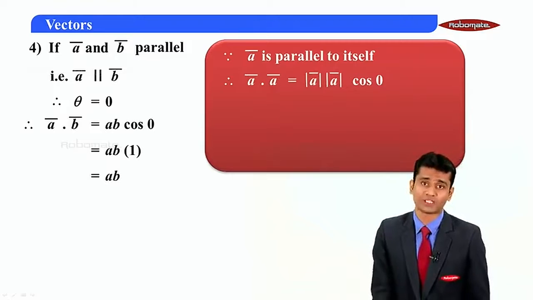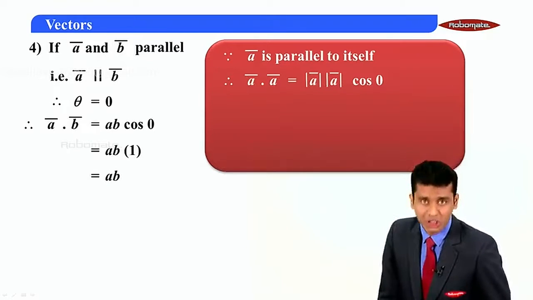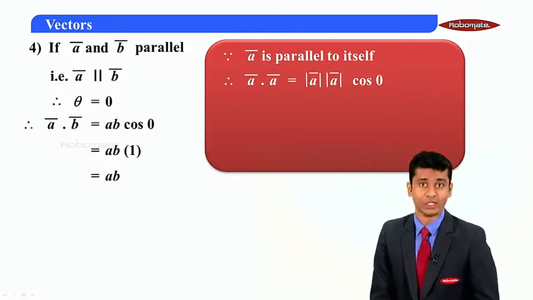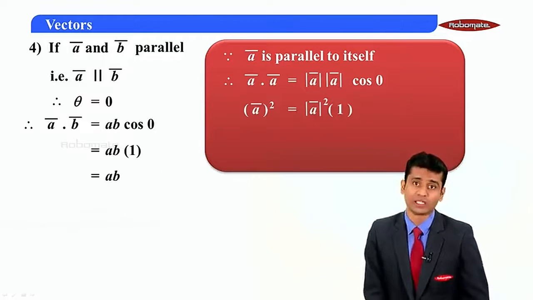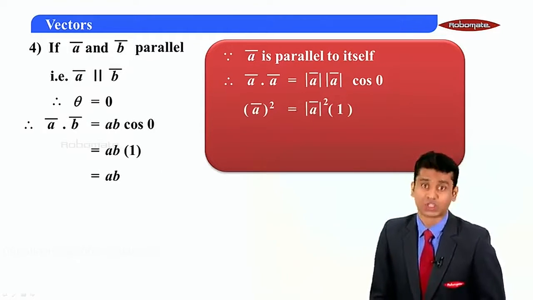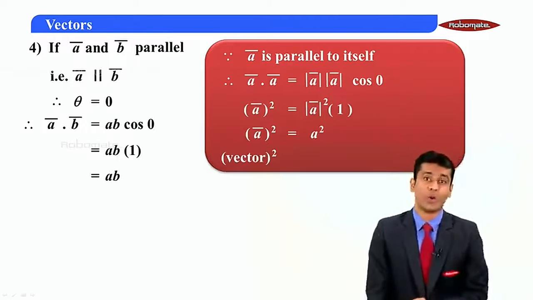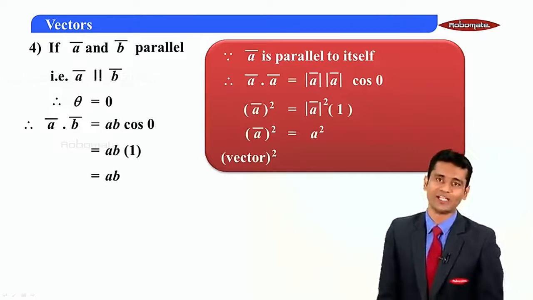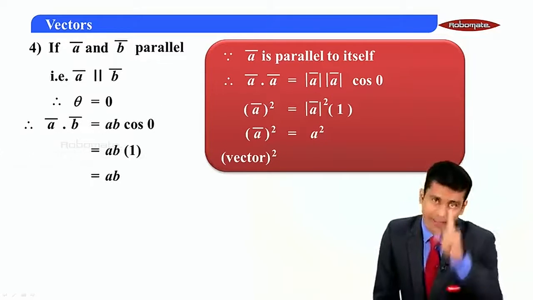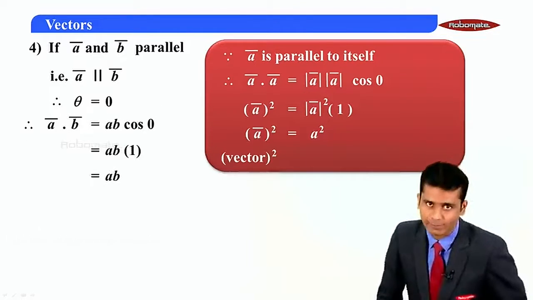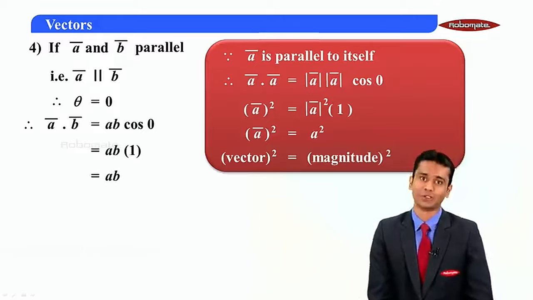So A bar dot A bar is mod A bar into mod A bar cos 0 because they are parallel to each other. So A bar square is equal to mod A bar square, so A bar square is equal to A square. A very important result. Vector square is equal to magnitude square. Remember students, vector square is equal to magnitude square.